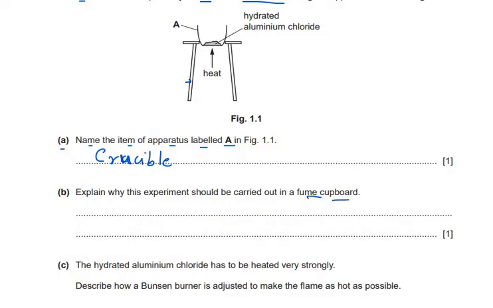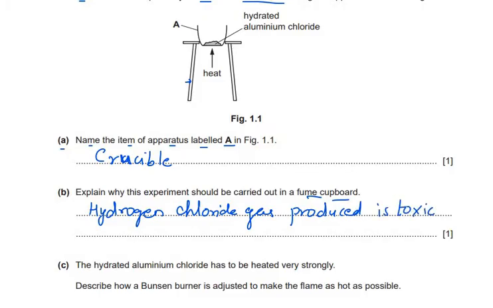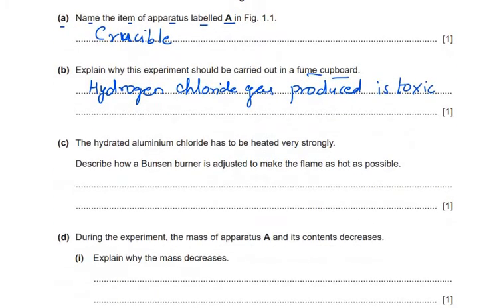So we can write hydrogen chloride gas produced is toxic. It carries only 1 mark, so we don't need any further explanation, and that's how we write it in short, in just one sentence, that one of the products produced, that is hydrogen chloride gas, is toxic.